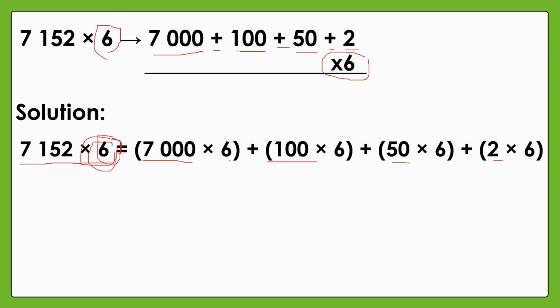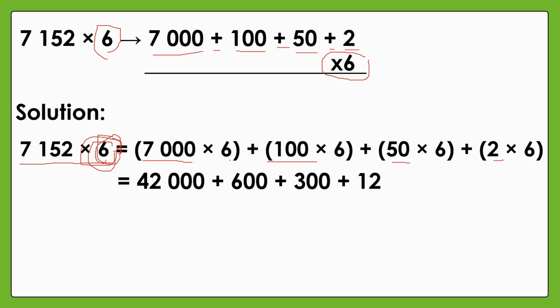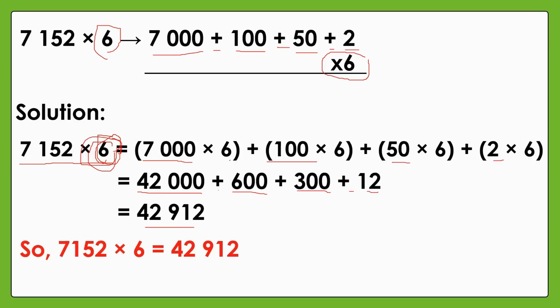And 2 times 6. 42,000 plus 600 plus 300 plus 12. So the total is 42,912. So 7,152 times 6 is equal to 42,912.